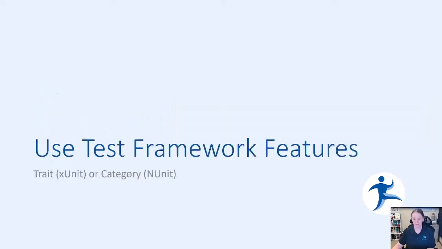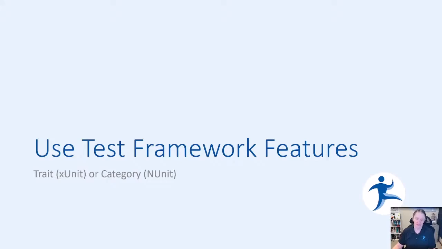And use your test framework features. So today's demo showed XUnit. And because it's a smaller project, we don't have to worry about the traits, or like if you're using NUnit, you don't have to worry about categories, but you can get into that. You have both the framework and the ArchUnitNet code available. So you get to work with either of those or both of those at the same time.